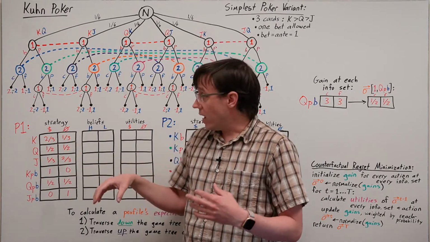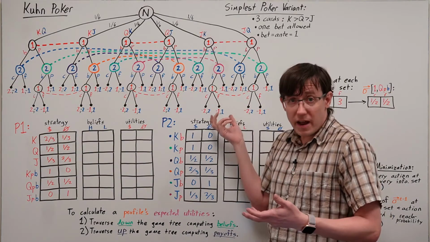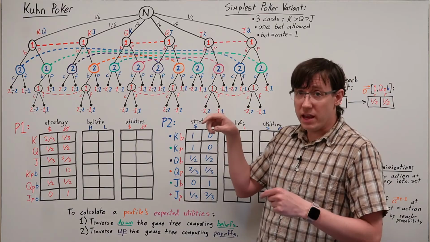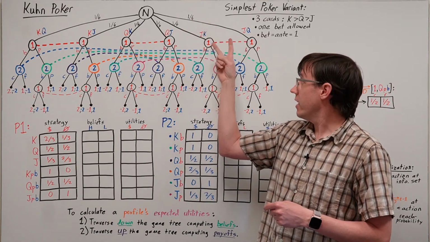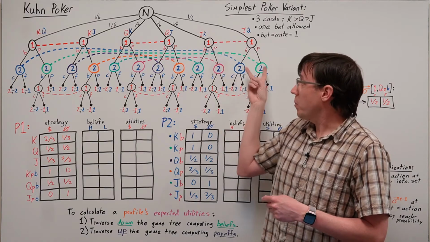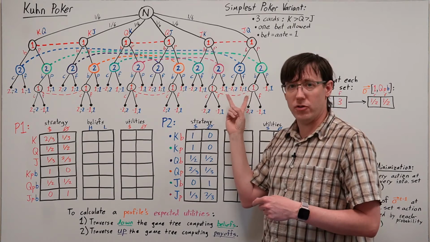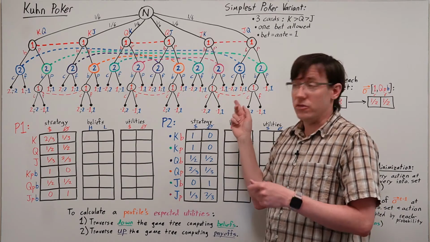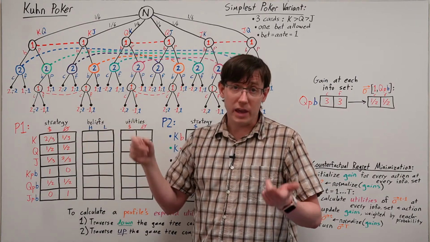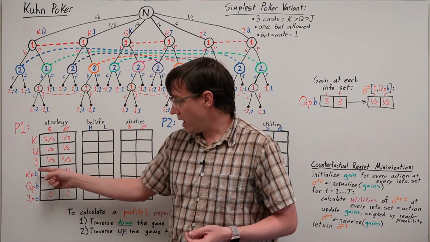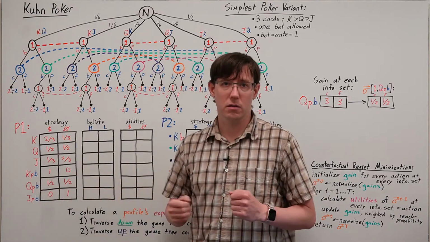But if the game arrives at one of the bottom 3 information sets, then player 1 has observed a history that includes the card they were dealt, and then they would have played the pass action, and then player 2 would have played the bet action to get us here. And so we can label each of these 3 information sets with the histories king, pass bet, queen, pass bet, or jack, pass bet.